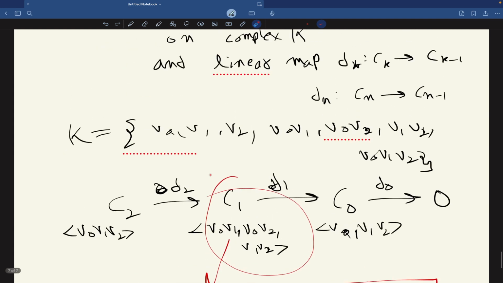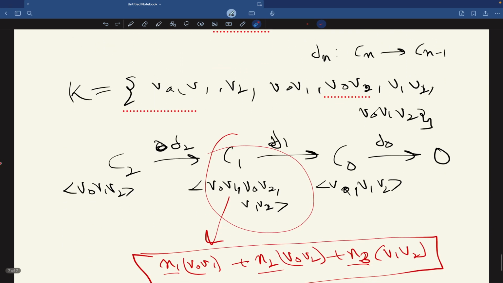So this is my chain complex, where I line up all the vector spaces in decreasing order. If your complex has even higher dimension, if you have some 3-simplex, then you can start with C3, then go to C2, then C1, then C0, then finally to 0. Here we don't have any 3-dimensional simplex, so we haven't included C3.